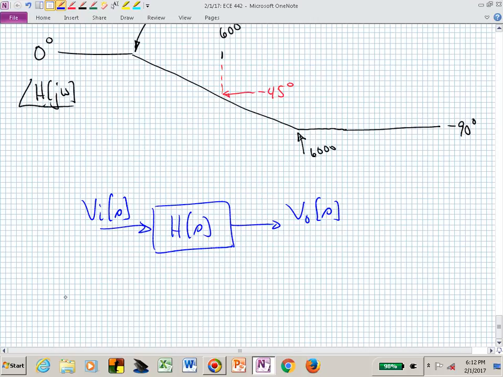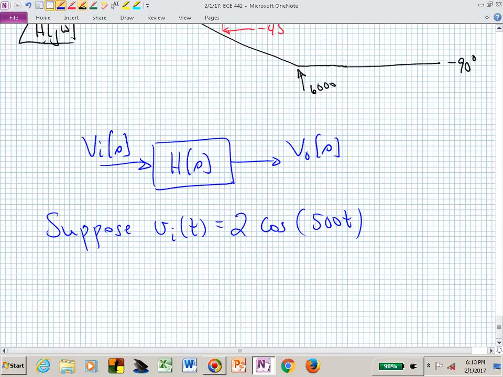Let's just select one. Suppose that the input in the time domain is 2 cosine of 500t. And just for something to talk about, let's call that frequency omega sub 1.